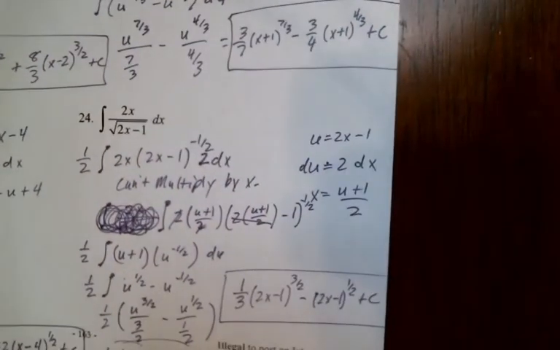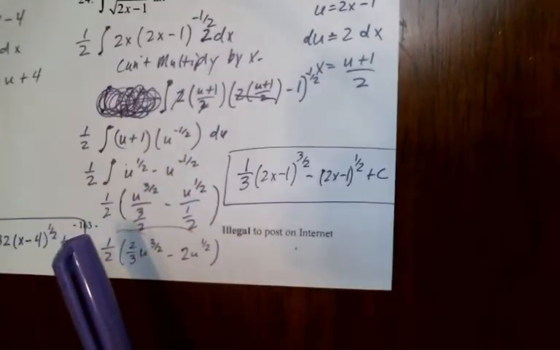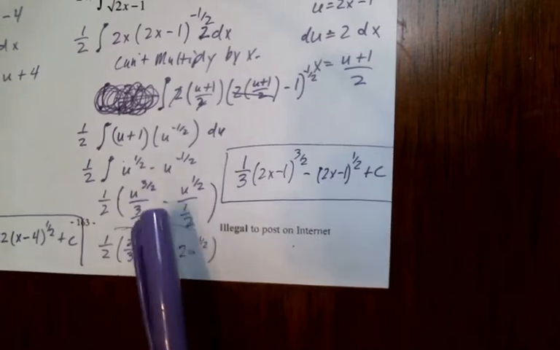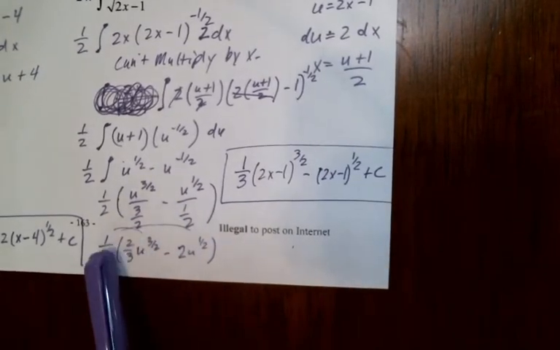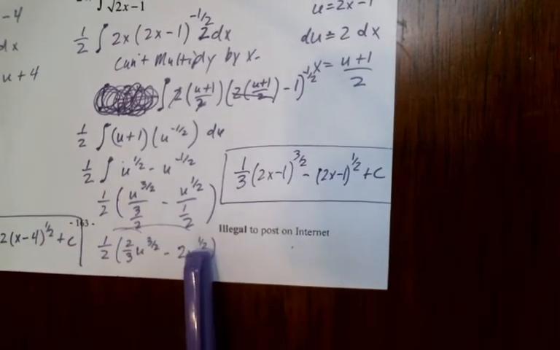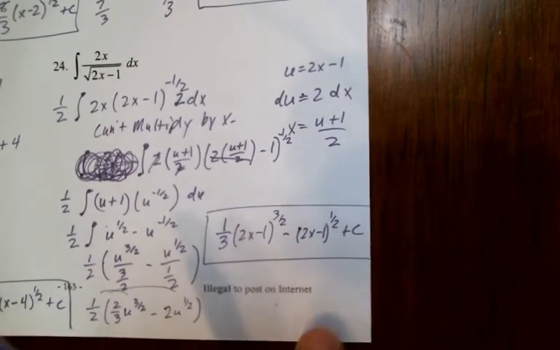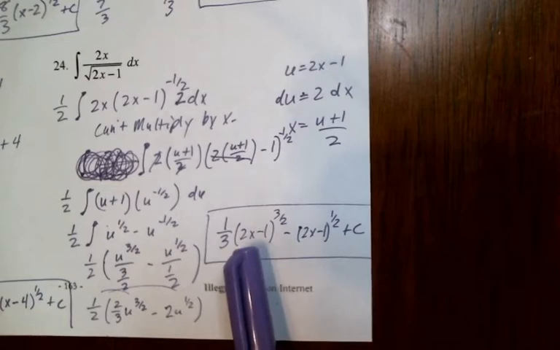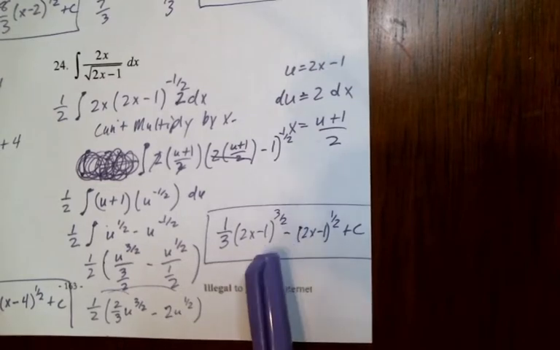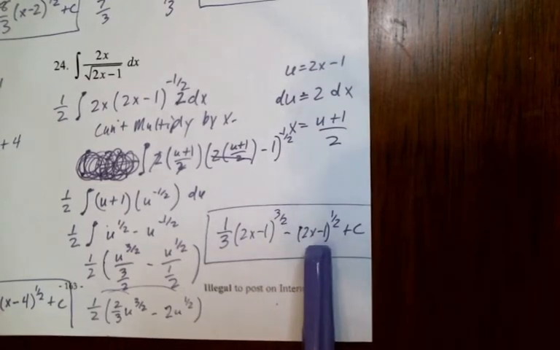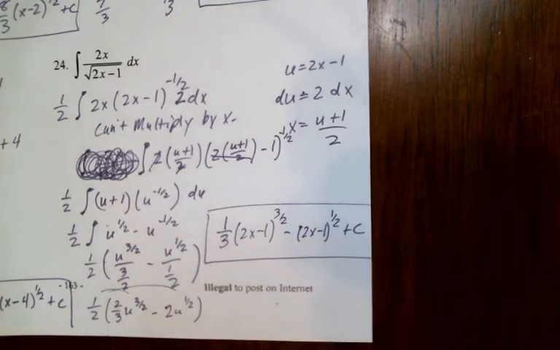But here, this is a binomial down here, which is something we hadn't seen. I don't even know if we saw it on the notes. So at the end, you just can't do it to the 1. You'd have to do it to both. And then that would take you to 1/3 times the quantity of 2x minus 1 raised to the 3 halves minus the quantity of 2x minus 1 raised to the 1/2 plus c.